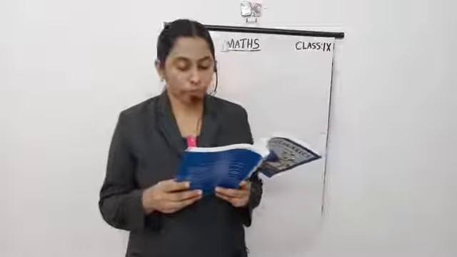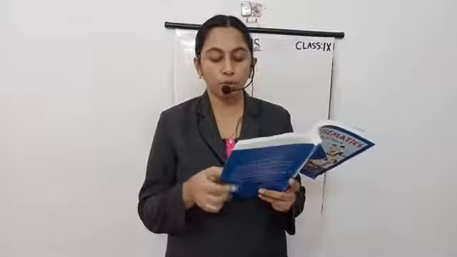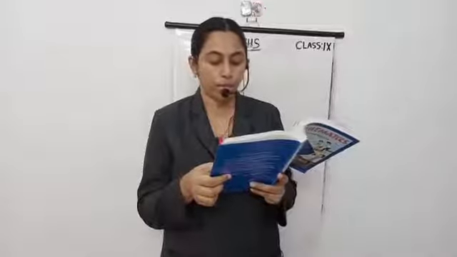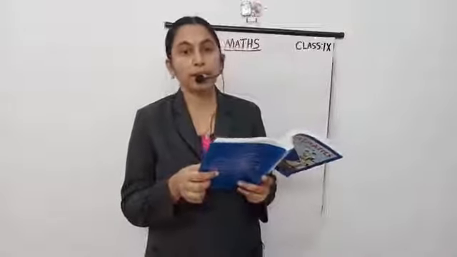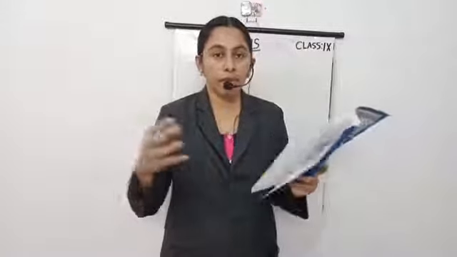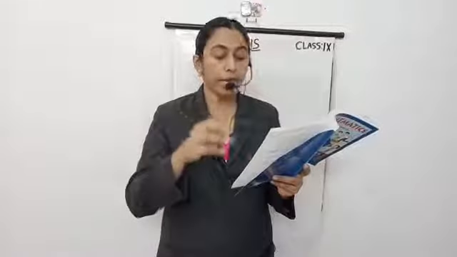Now question 4. The radius of a spherical balloon increases from 7 centimeter to 14 centimeter as air is being pumped into it. That is, the radius of a spherical balloon increases when air is pumped into it.